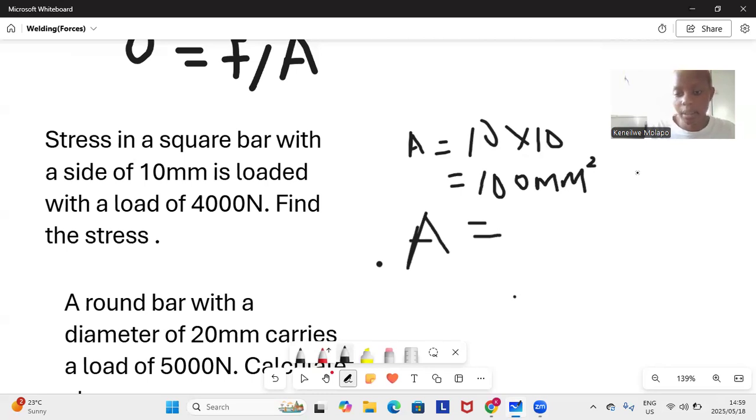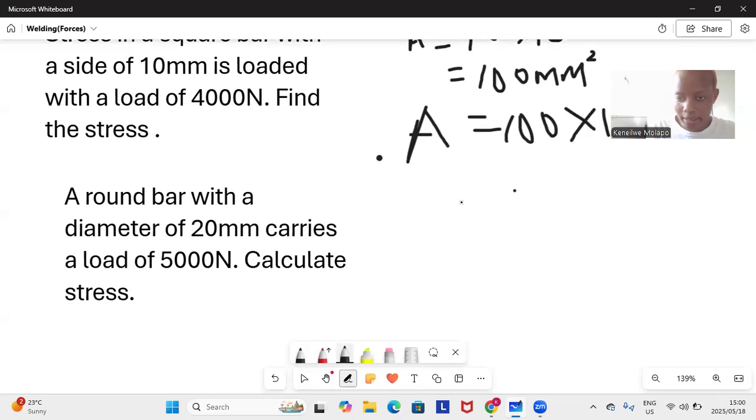I'm very sorry about this. Going from millimeters to the power negative 6, that means we divide by 1 billion.